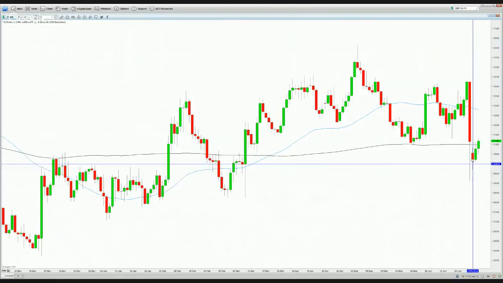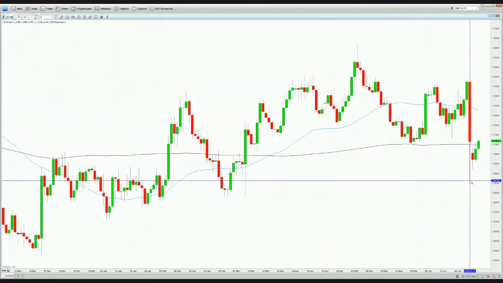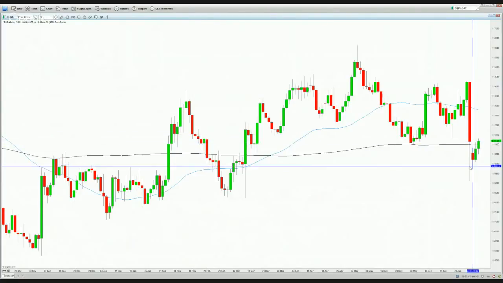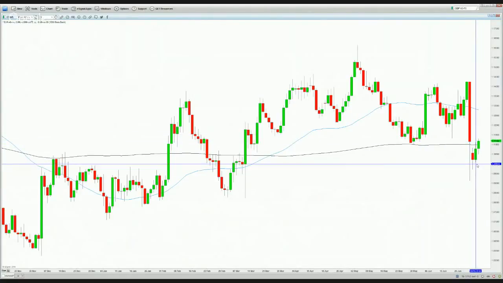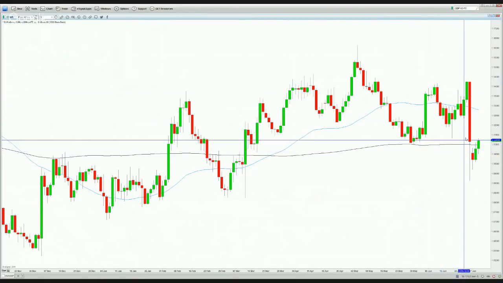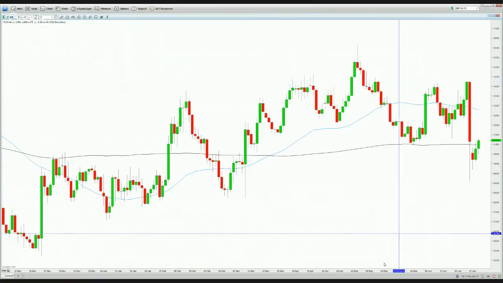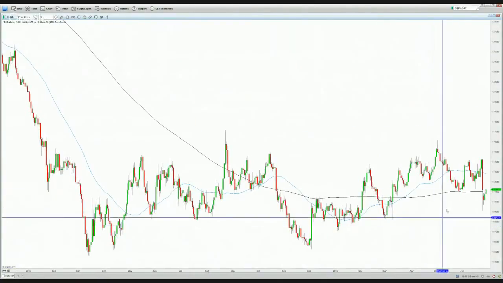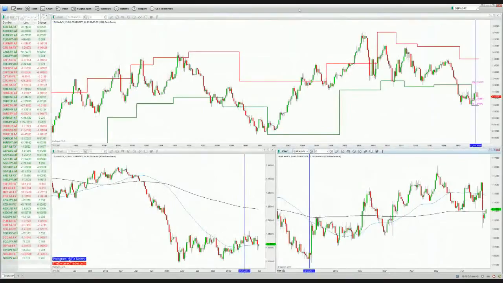What I wanted to highlight here, guys, is how price broke through the 200 moving average, which is this black line, broke through the 1.1 round number, which is a support level. And the bulls came in and pushed price back above the 200 moving average, showing how significant technical levels are. And we can see this across the board. We can see how significant technical levels are when it came to the release of Brexit, okay?